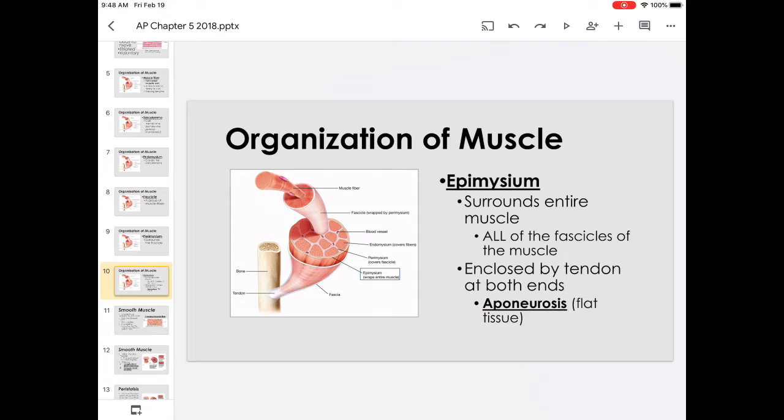They can either surround them as well. Both the tendon and the aponeurosis connect the muscles to either bone, cartilage, or another type of connective tissue. So they're really there to bridge the gap between muscle and what they're connecting to.